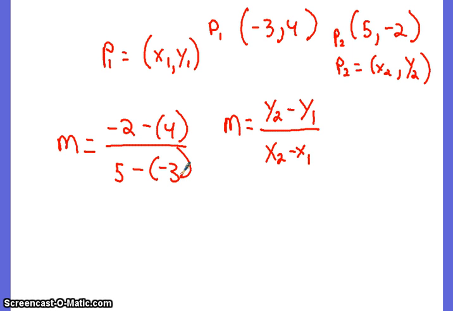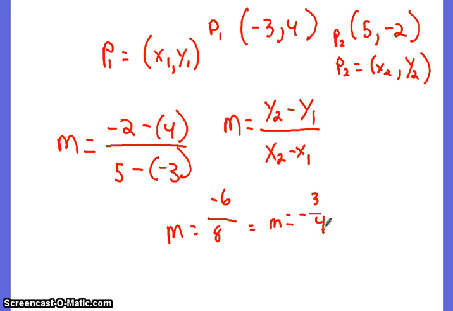Right, as you can see, I have my y2, which was -2, and I have my y1, which is +4, over my x2, which is 5, minus our x1, which is -3. And I got my slope formula. Now if I solve it, I get m equals -2 minus 4 is -6 over 5 plus 3, which is 8.